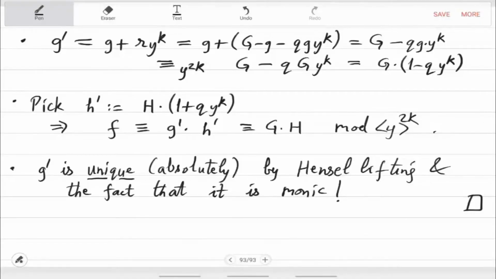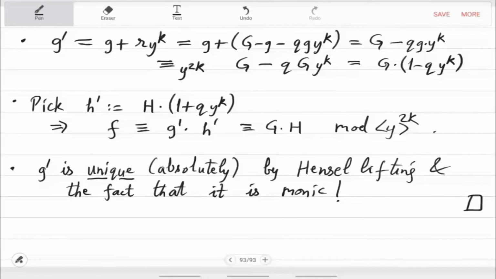This is for bivariate. You can talk about number theoretic analogs. So, for example, you have a factorization of a univariate modulo some prime p. Then you can ask the question: will it lift to mod p square and mod p cube and so on?